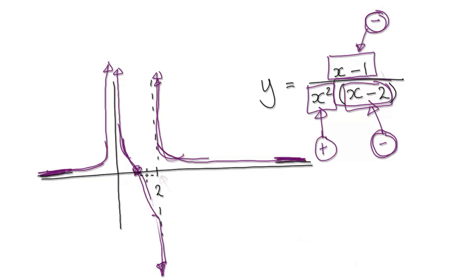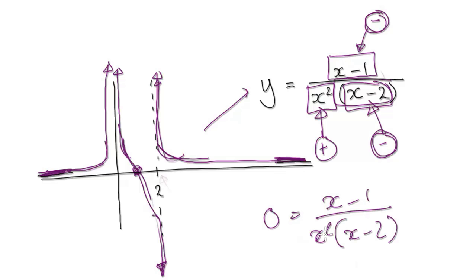If you really want to know where this is, then put 0 into y and see. 0 equals x minus 1 over x squared times x minus 2; times both sides by the denominator, so that would be 0 equals x minus 1, and then x equals 1. So this must be a 1.